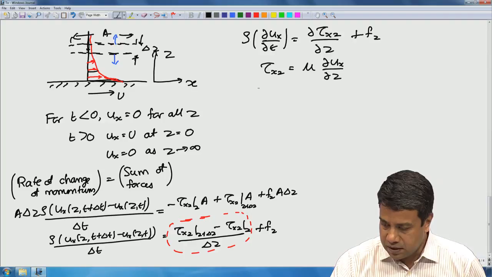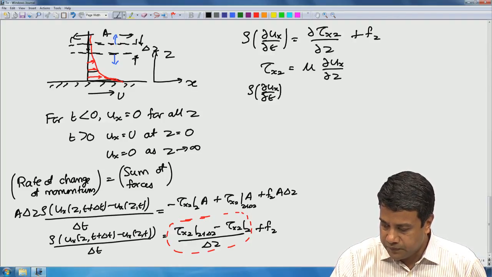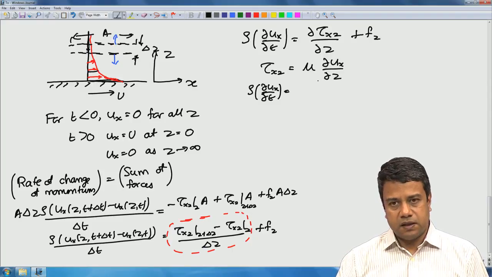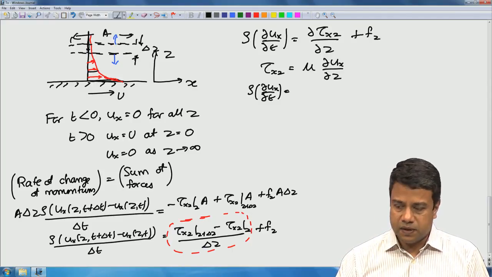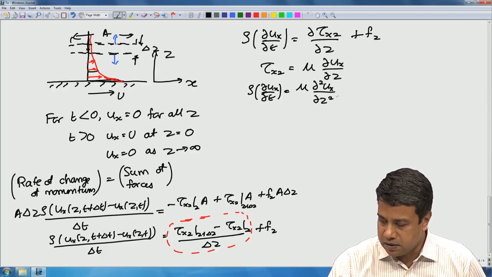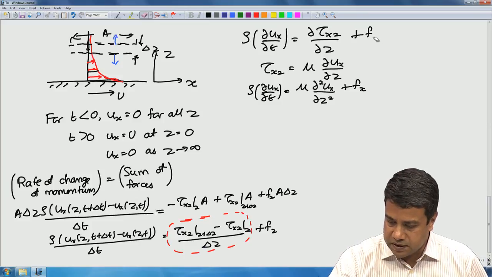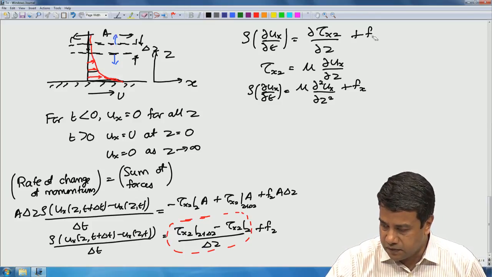So, if you substitute that, you will get rho into dux by dt is equal to, once again, if the viscosity is considered to be a constant, this becomes mu d square ux by dz square plus fx. Note that these are all forces in the x direction, because the direction of the force is the x direction.